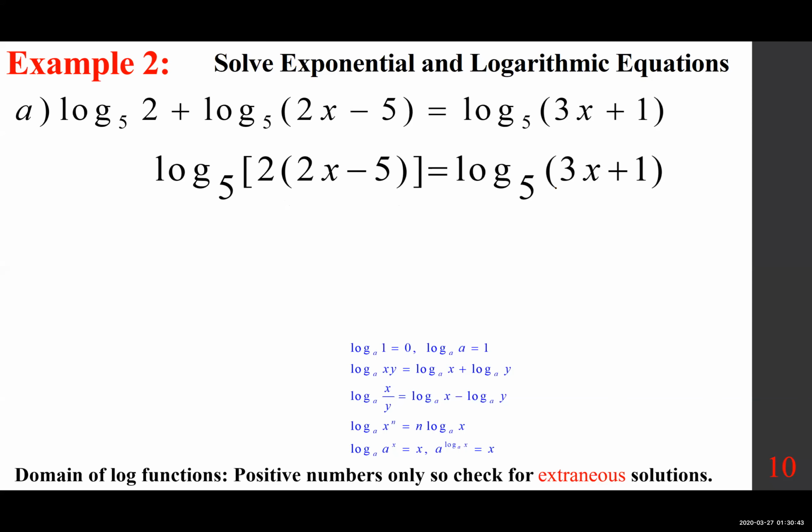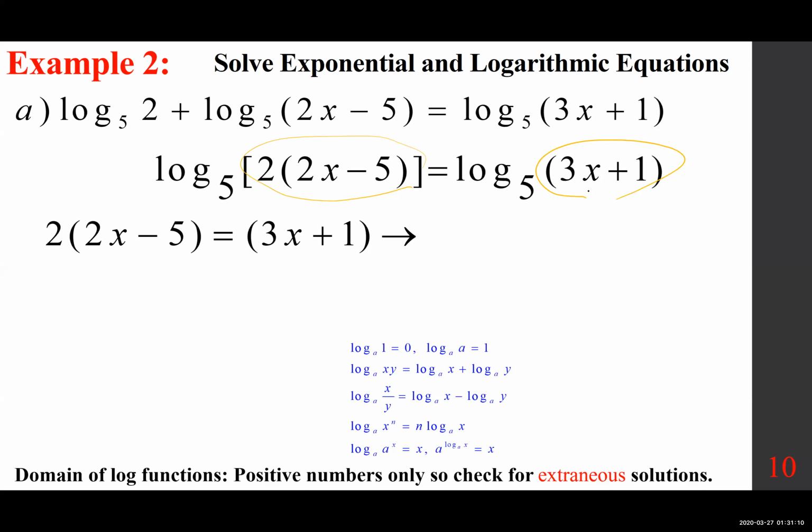For now, as you can see, the left side can use the product rule. Agreed? Now what's happening? They have the same base, namely 5. So they must have the same argument. So in that case, these two arguments must be identical.